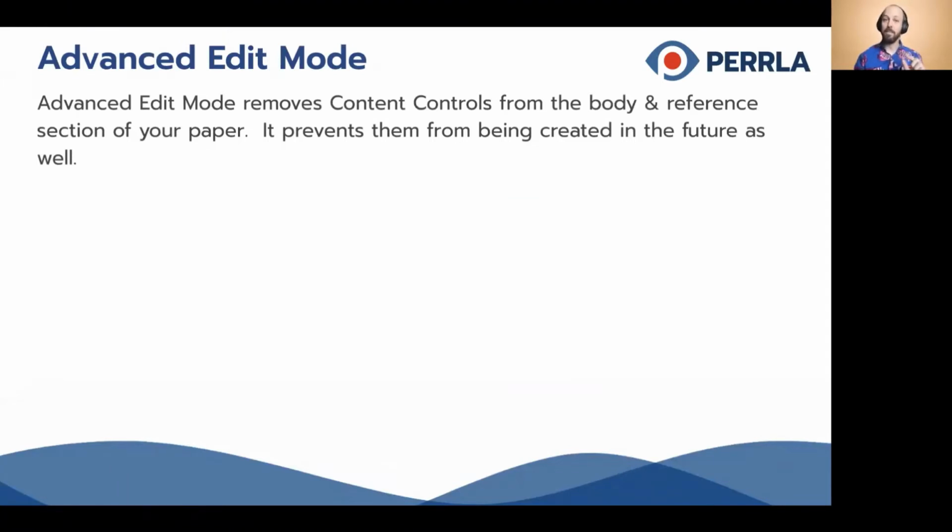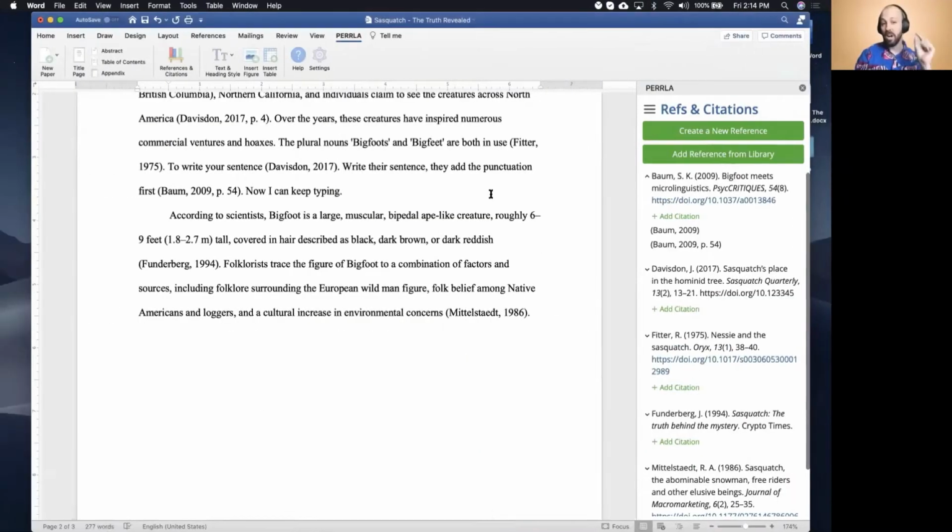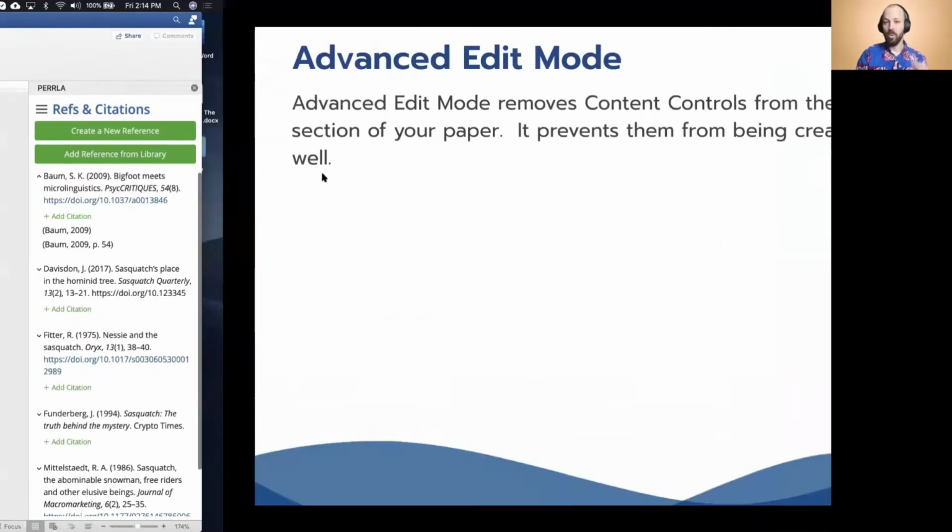But advanced edit mode is going to automatically go through and remove the content controls that are already added inside your paper in the body and reference sections. And then in the future, as you continue to add references and citations, they will be inserted as plain text instead of as content controls as well.